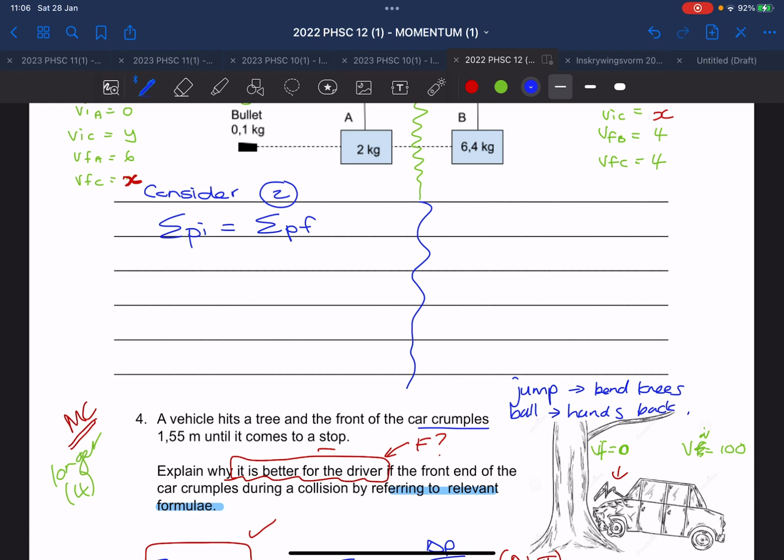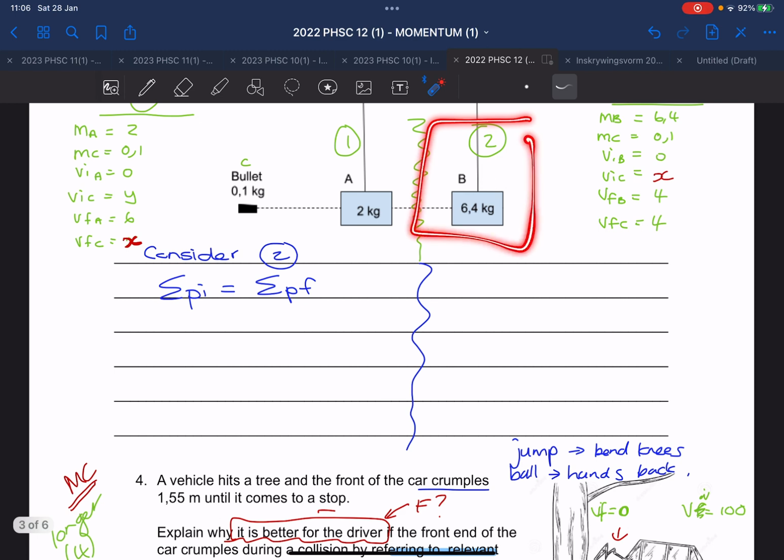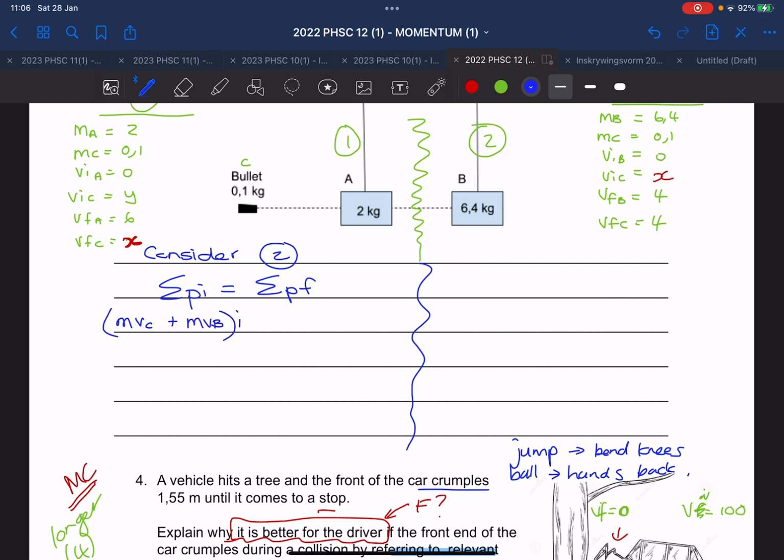Remember we're looking at scenario 2. There were two objects, the bullet and the block, and afterwards there was one object, the bullet inside the block. So here we have mass times velocity of C plus mass times velocity of B at the beginning is equal to the mass of C and B times the final velocity.